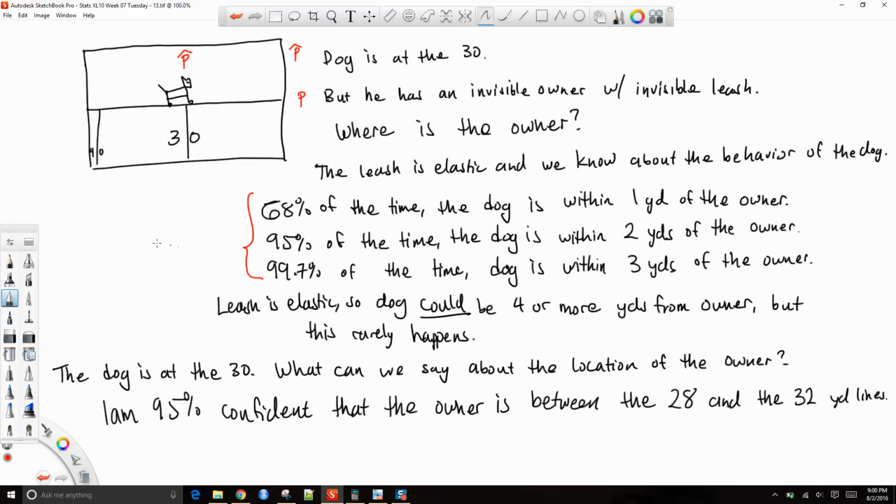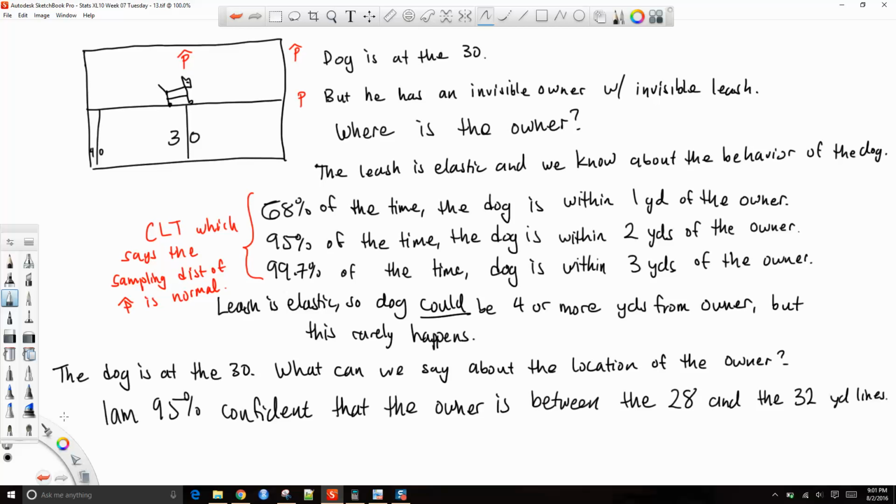So this is the central limit theorem, which says the sampling distribution of p hat is normal. All right, is this okay?